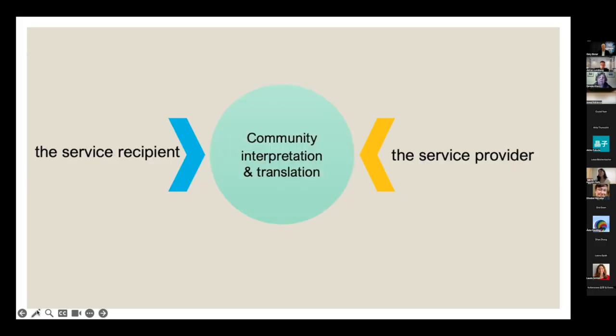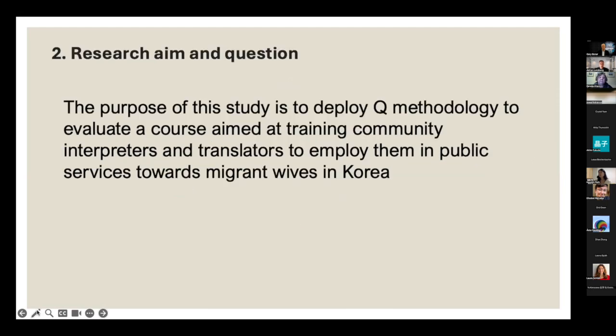This study examines and analyzes the community interpretation and translation education curriculum from the perspectives of married migrants and community interpreters. Therefore, the purpose of this study is to deploy Q methodology to evaluate a course aimed at training community interpreters and translators to employ them in public service toward migrant wives in Korea.